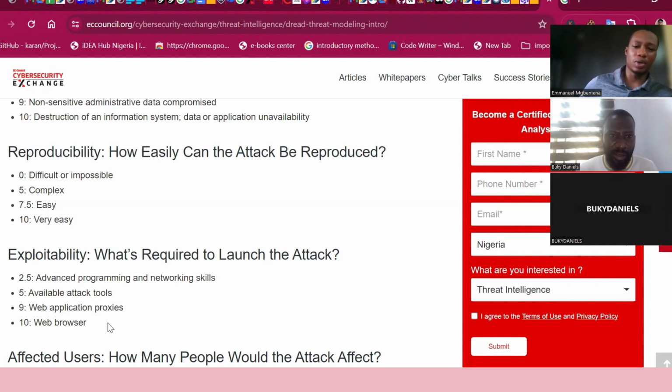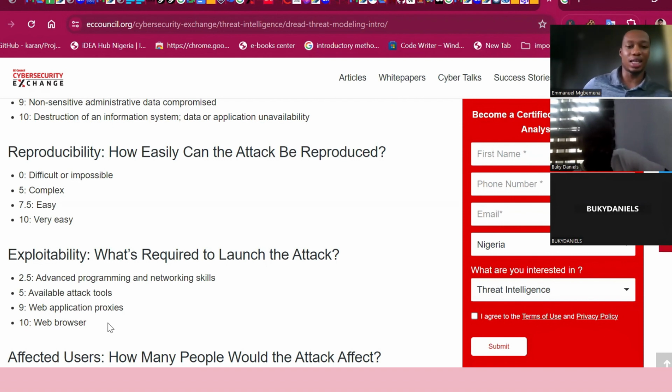Advanced programming and networking skills, maybe you don't. I don't think this particular vulnerability requires advanced programming. You don't need to start writing any complex script to exploit it. You have tools already that can exploit it. So I think it should be 5.